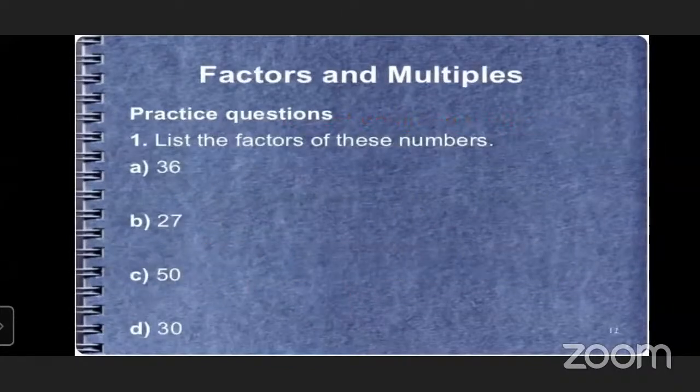Let's practice some numbers. Now, the factors of 36, 27, 50. Please unmute your mic and list the factors of 36. Which are the factors of 36?